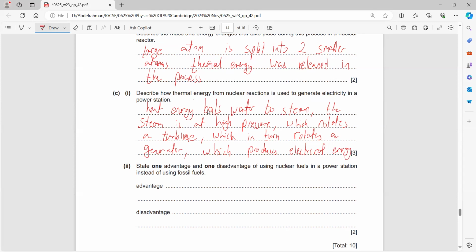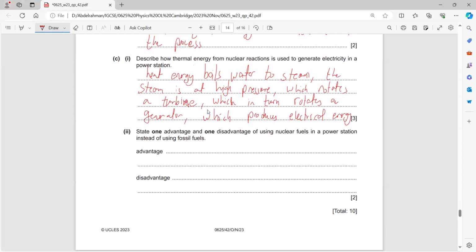Okay, one advantage and disadvantage of using nuclear fuels instead of fossil fuels. What is one advantage when comparing nuclear to fossil fuels? Less greenhouse gases, no greenhouse effect, no air pollution.